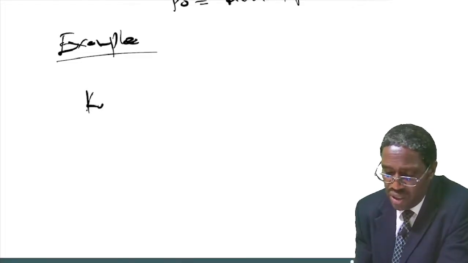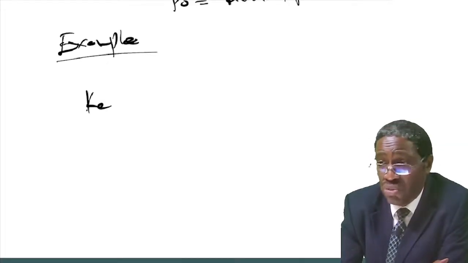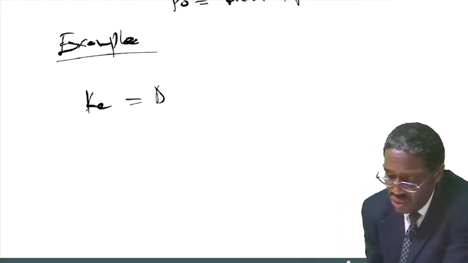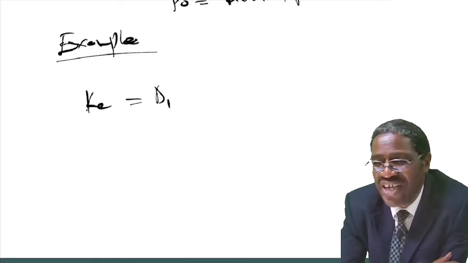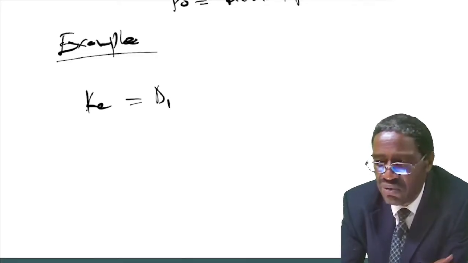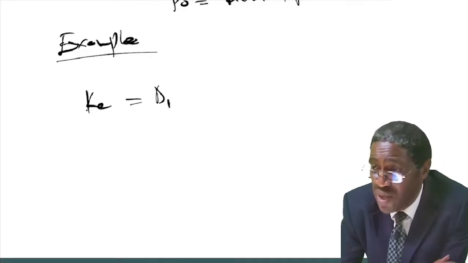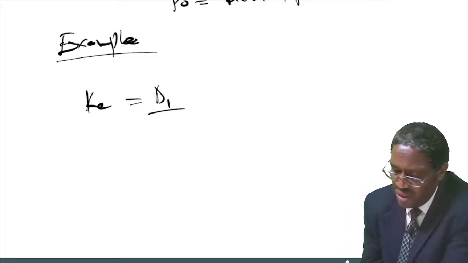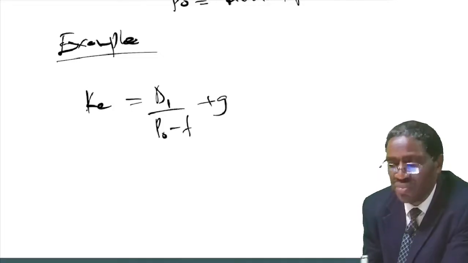So let's calculate now the cost. Of course, we are using the dividend growth model. The formula is D1, because from this question we were given the expected dividend, not the amount paid. So it will be D1 divided by P0 minus F, plus g.